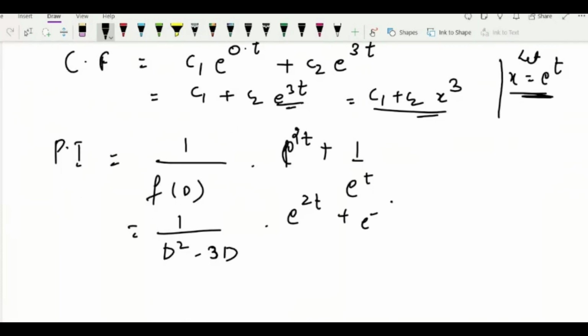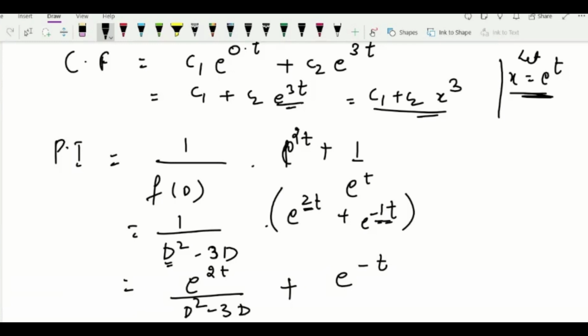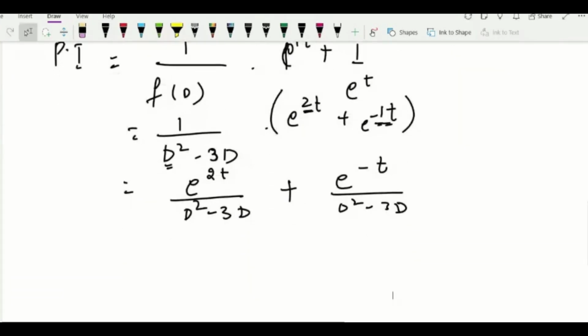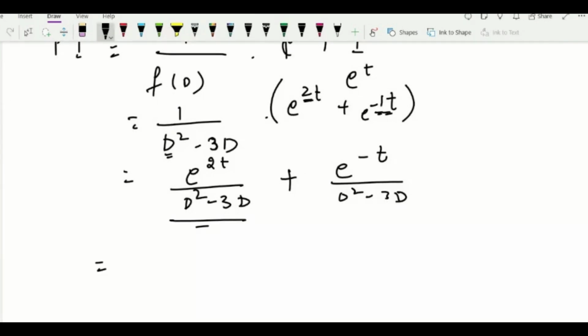And in this, we have the method, just replace D by 2 once and in another D by minus 1. Separate it out, e raised to power 2t upon D square minus 3D plus e raised to power minus t upon D square minus 3D. Substituting here D is equal to 2 as we have done in our last lecture, 2 raised square 4 minus 6.